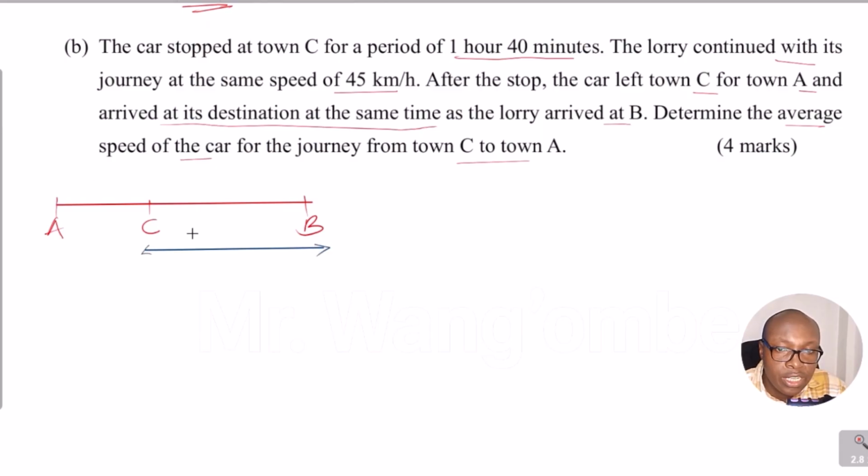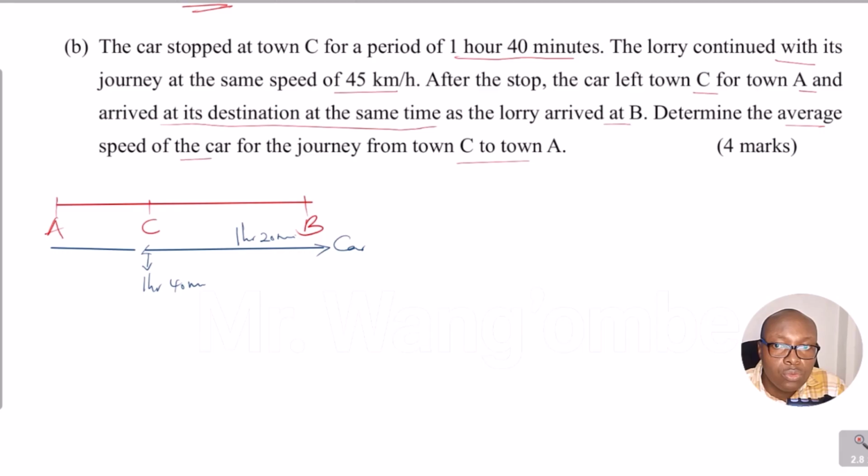We just calculate the time taken to meet from B to C. This is the car. It used the same time, 1 hour 20 minutes. Then upon reaching C, the car also stopped there for 1 hour and 40 minutes, and then it continued with the journey from C to A.